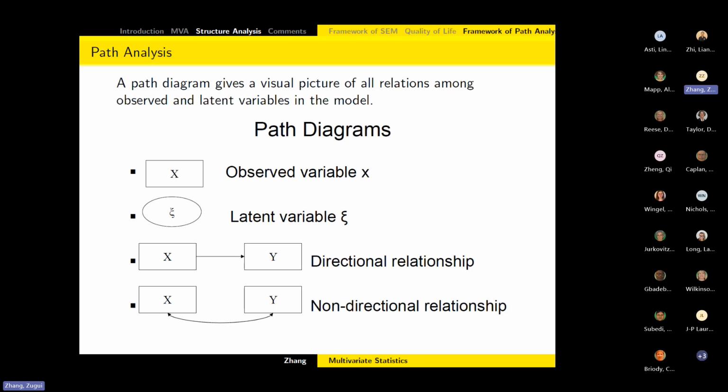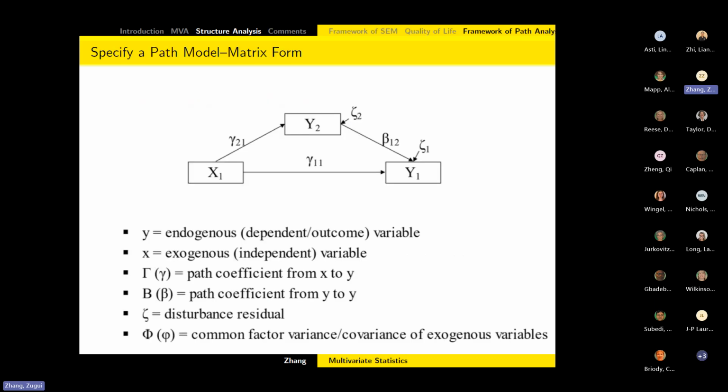We can look at the relationship between the independent variables and the outcomes. And this relationship may be directional or non-directional. So we can explore the different relationships between the independent variables and the outcomes based upon our analysis. For example, we have the outcomes Y1 and Y2.